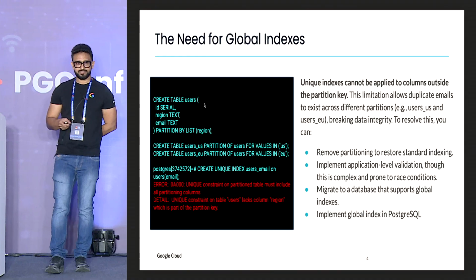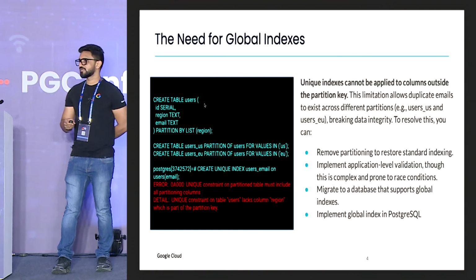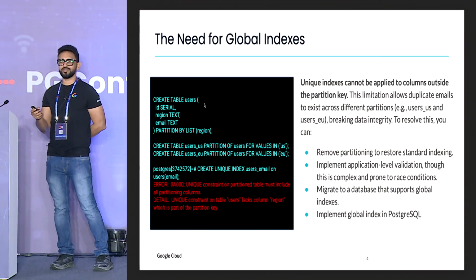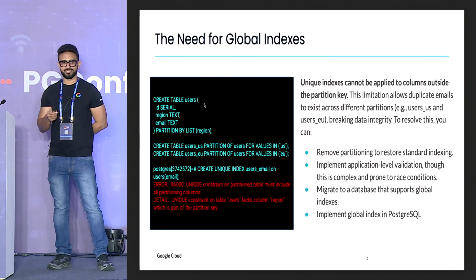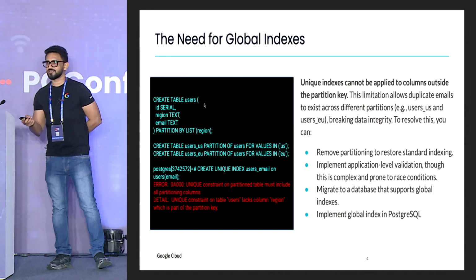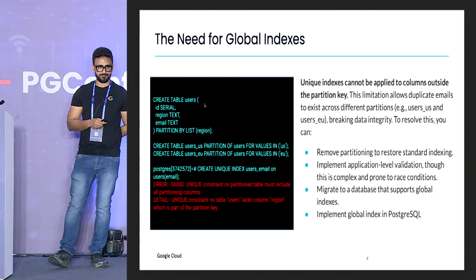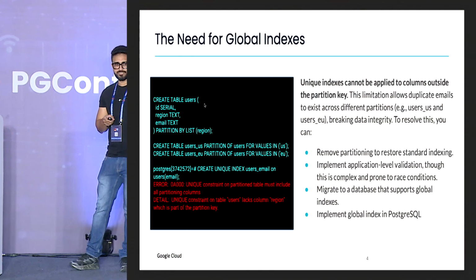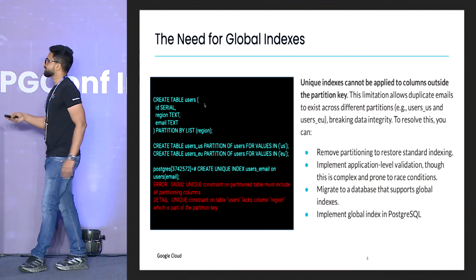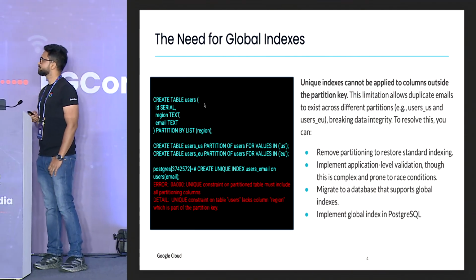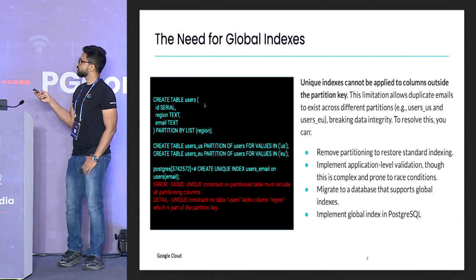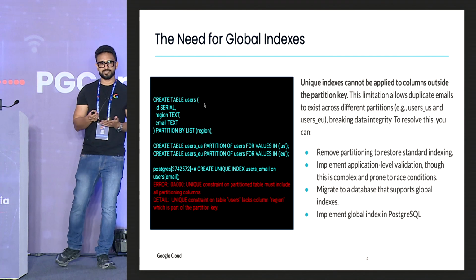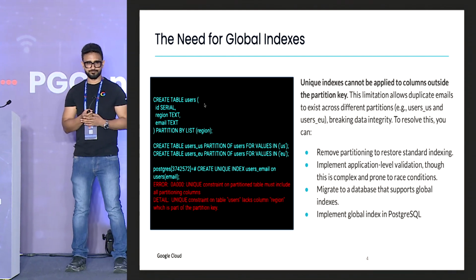I'll start with an example of why we need a global index. Many users coming from Oracle must already be aware of why they need a global index, but for PostgreSQL users, I'll just start with the example. You can see a simple example where I'm trying to create a table, and this table is partitioned on the region column. It has two partitions, one for users in the US region, and the other for the Europe region.